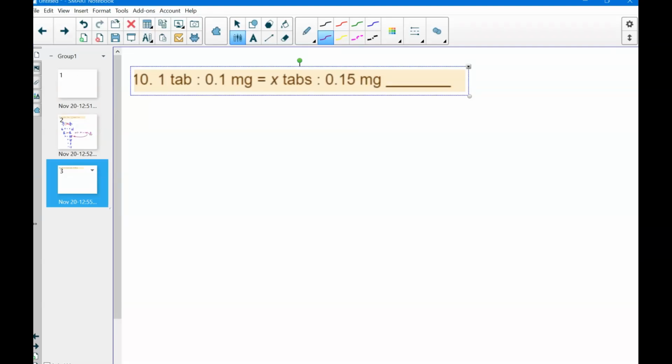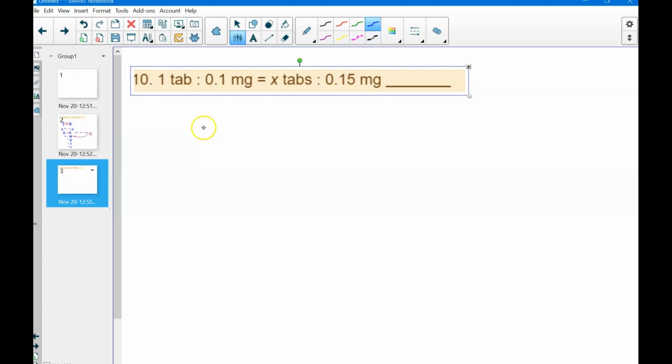I'll give you guys a second with this one. Decimals. Oh no, not decimals. Killing me. So I'll set it up for you, just to get started, and then take a look to see what your thoughts are.